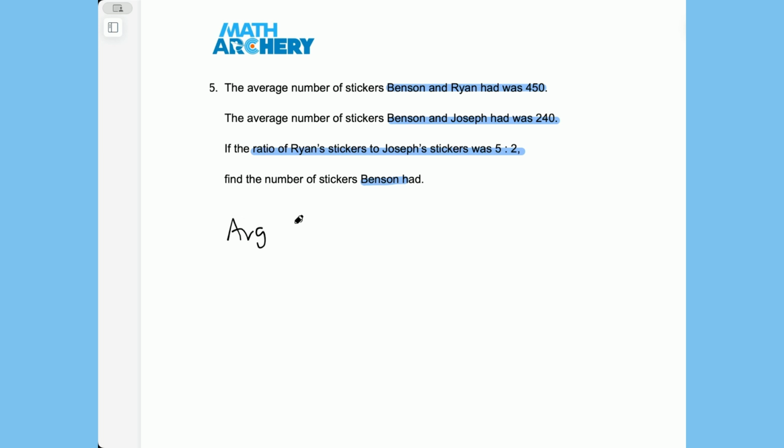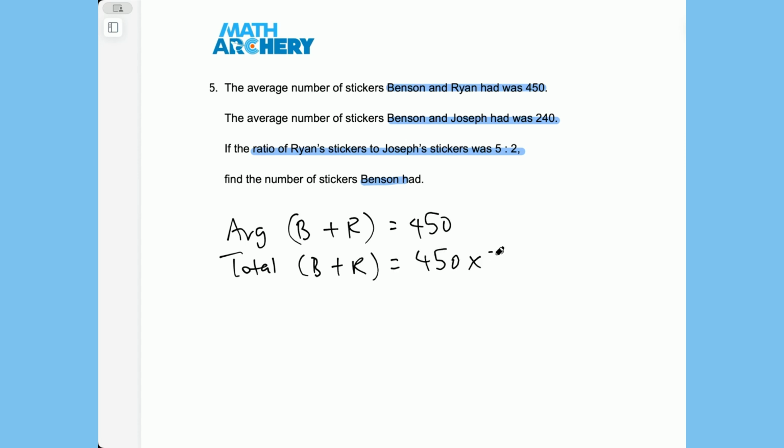The average of Benson and Ryan is 450. That means the total of Benson and Ryan will be 450 times 2, which is 900. Now the average of Benson and Joseph is 240.